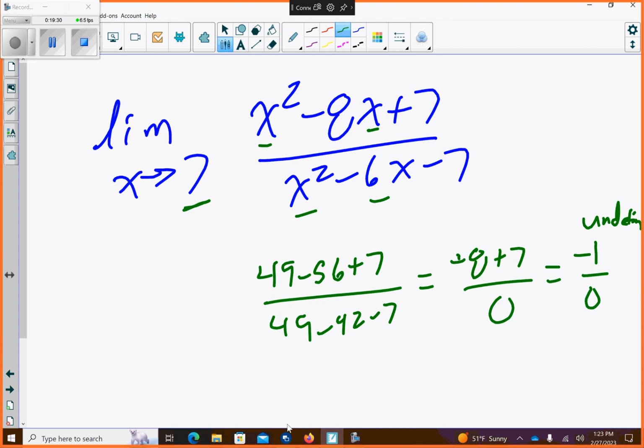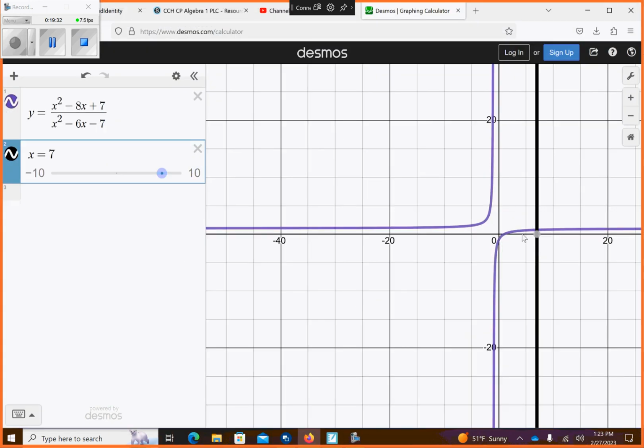So let's see if we can find that undefined. There's our undefined. Well, no, it does exist because it's a limit. A limit can approach a hole, but we just have to make sure why it was undefined.